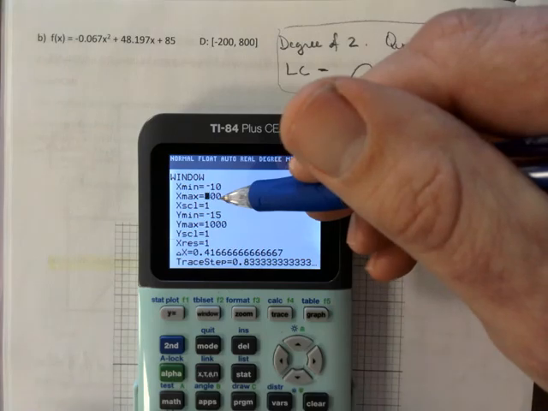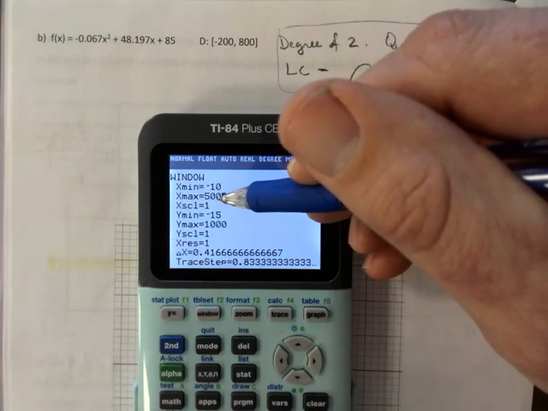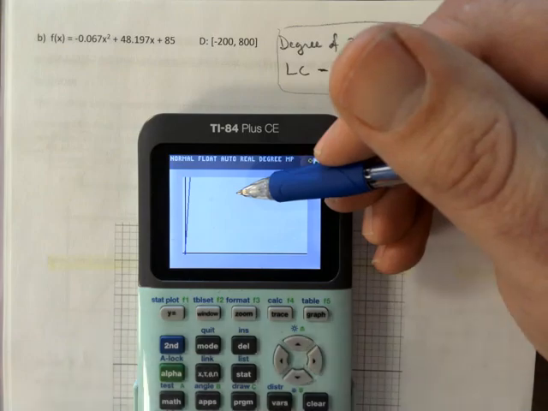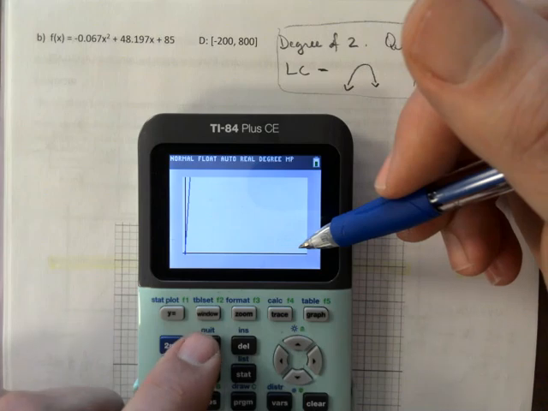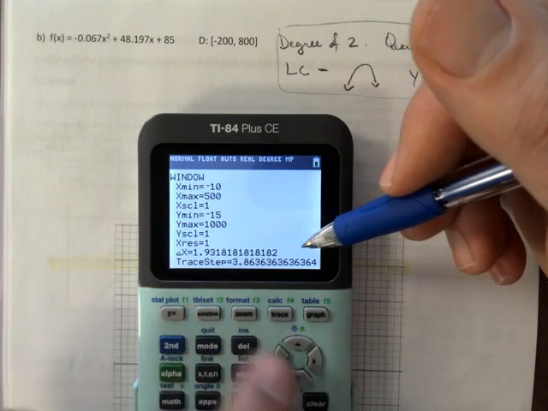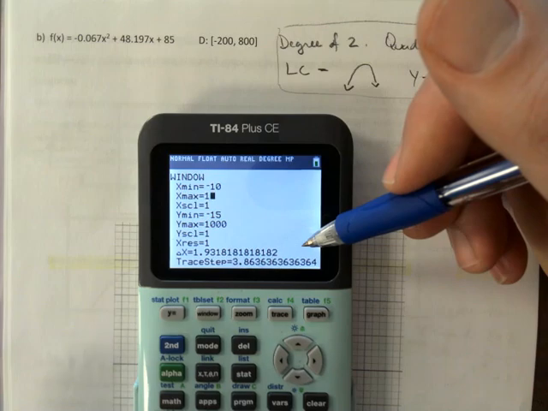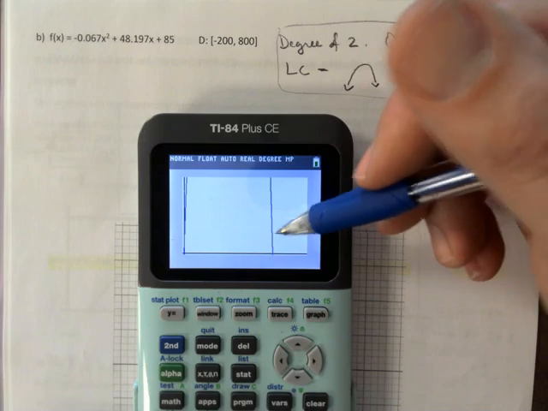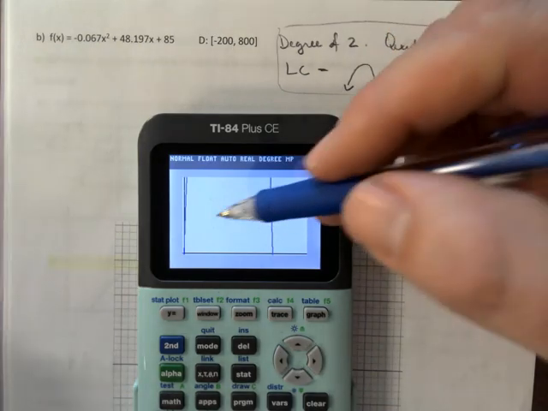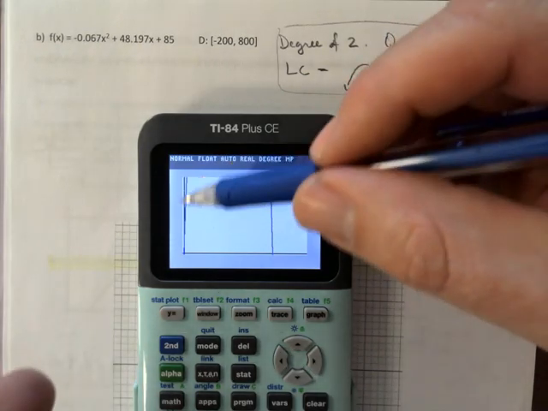So I'm going to go 500 for x max. Still not coming down, right? I'm going to try 1,000 for x max. There I see the other leg coming down, okay? So don't do too many things at a time. You kind of chase your curve.